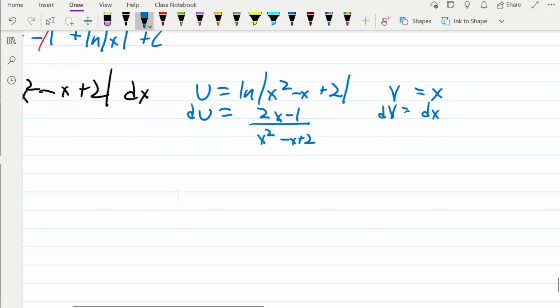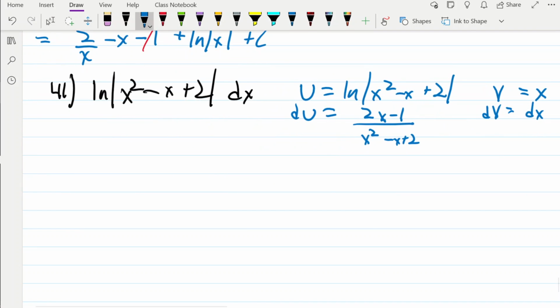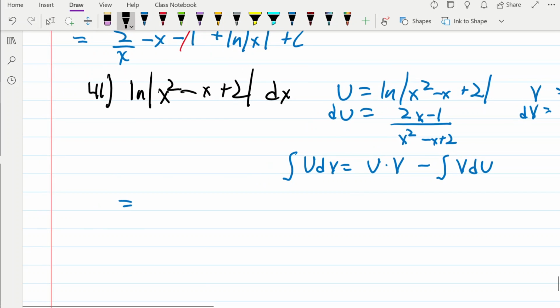So from here, we can then use the integral of u dv equals u times v minus the integral of v du. So this is an integral. I forgot the integration sign.